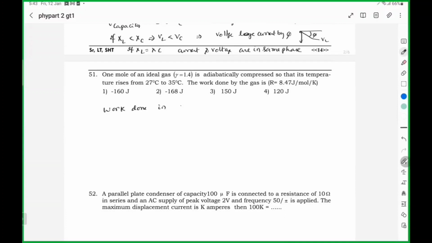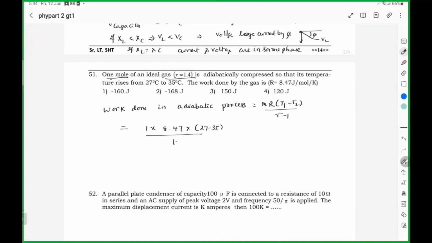Work done in adiabatic process is equal to nR into (T1 minus T2) by (gamma minus 1). Here it is 1 mole and the universal gas constant, he has given it as 8.47, with temperatures 47 and 27 minus 35.